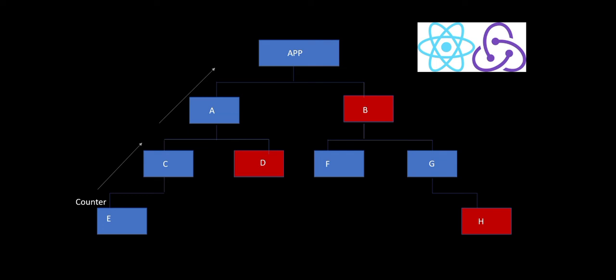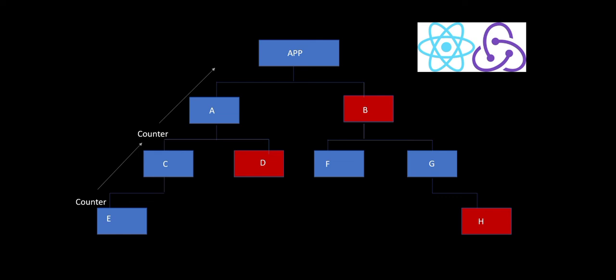Similarly, if any of the other components like B or H have to access counter, then again we will have to lift the state and pass it to the parent component app, and then from there they will access it through props.